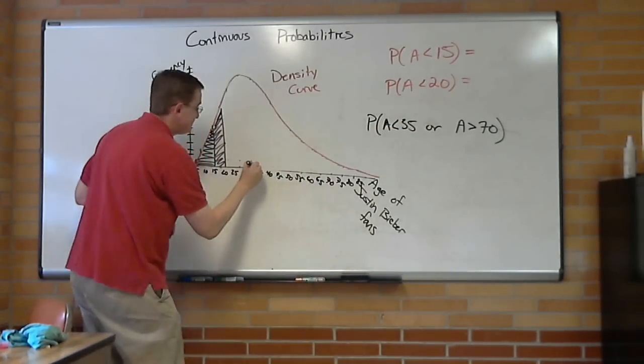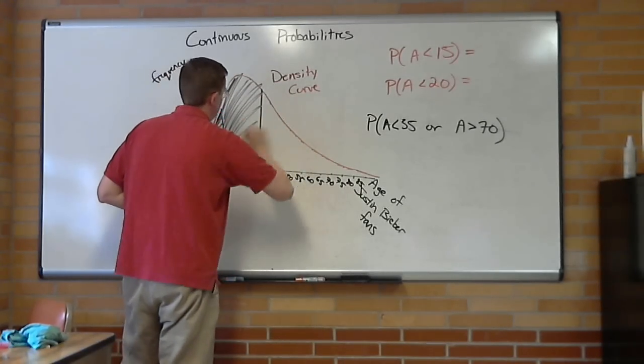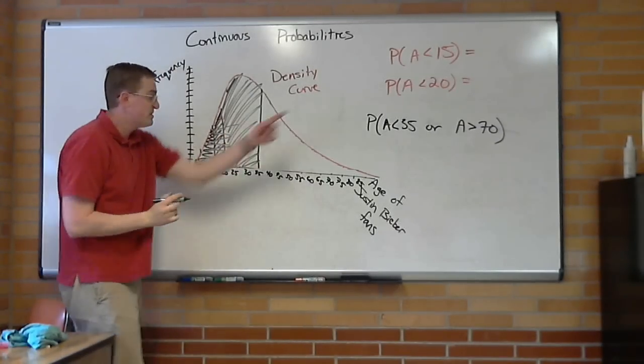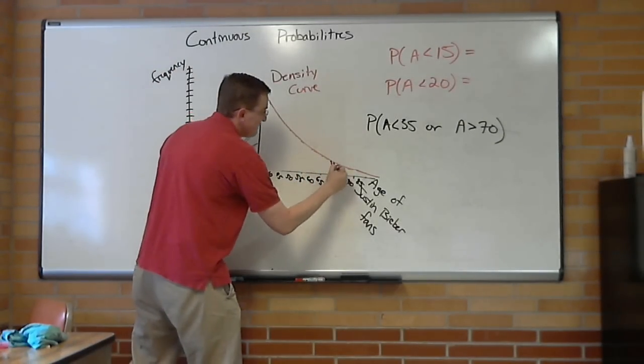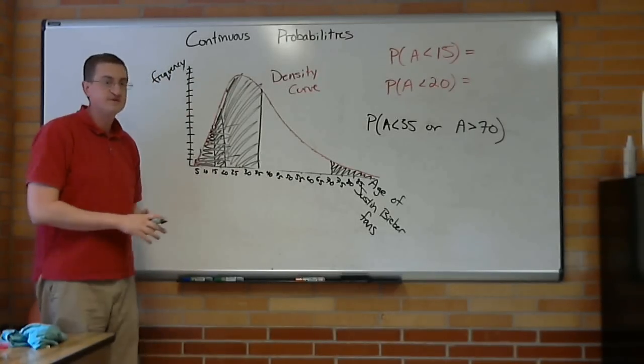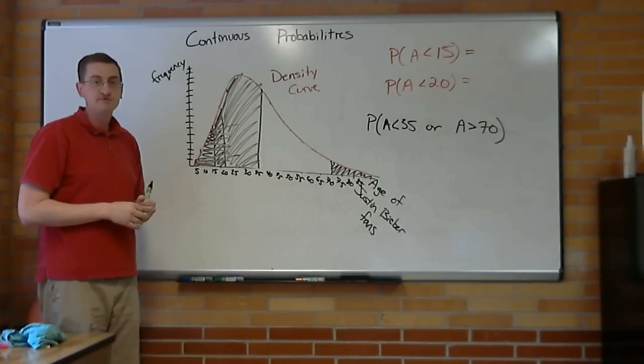Less than 35 would be right here, and I want to shade in all of that area under the curve. Or greater than 70 is also going to be that area. And now if I had calculus and I had an equation for this, I could calculate what those areas would be, and that would be my probability.